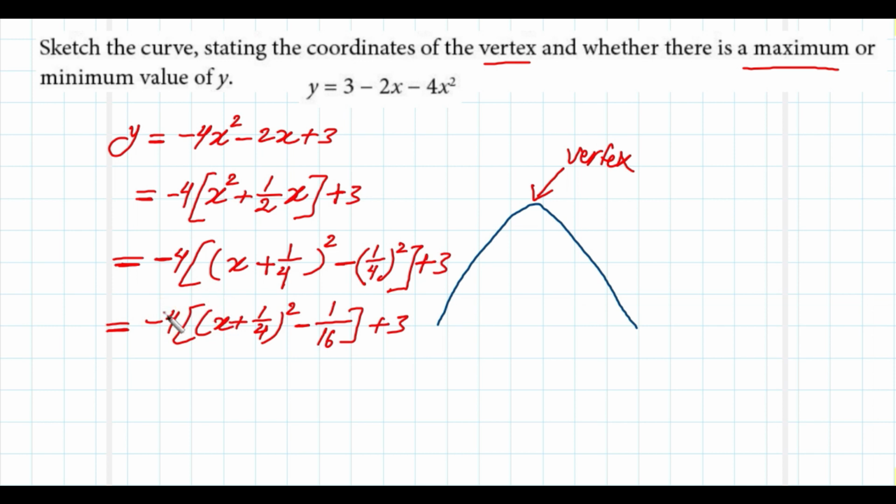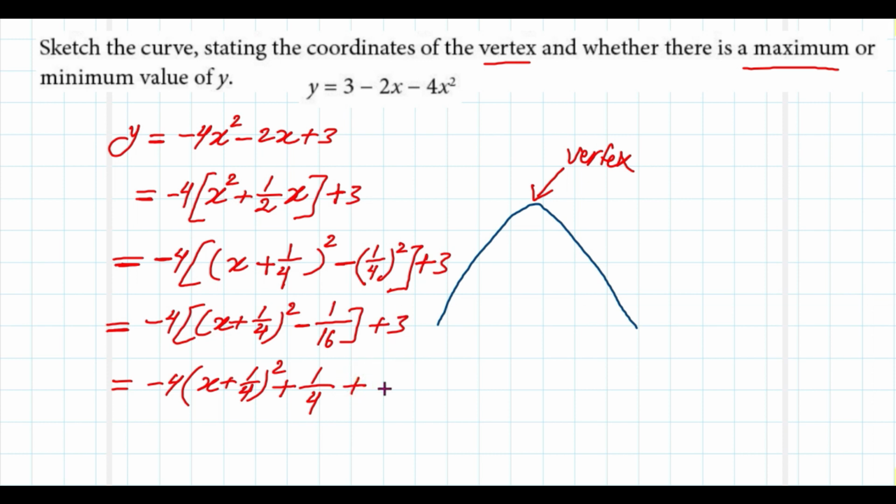And then we can open the square bracket: -4 times x plus 1 over 4 all squared, then -4 times -1 over 16 becomes +4 over 16. Then you can do cancellation, and 1 over 4 will be left.